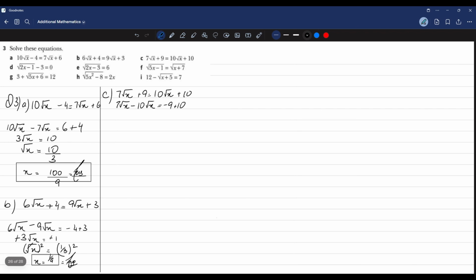And 7 minus 10 is equal to negative 3 under root x. And that should be equal to positive 1. Under root x is equal to positive 1 over 3, but this is negative 3. So x is supposed to be equal to, wait a second, I did something wrong here.